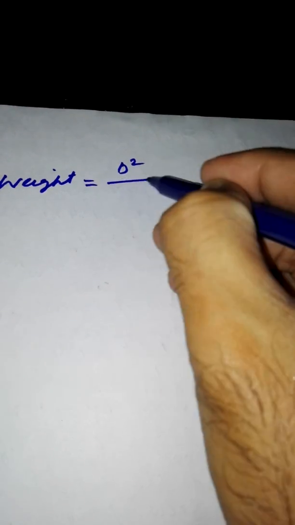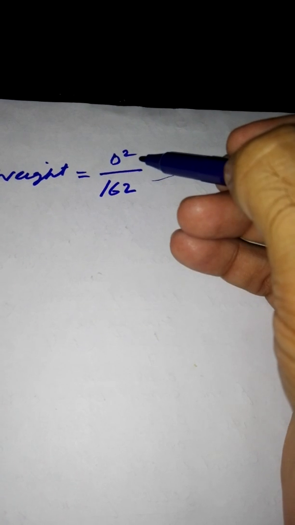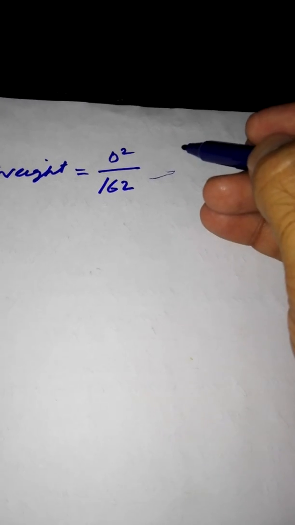Let's start. Okay, so first of all I have to find out unit weight of steel in kg per meter, right? Weight is equal to d square divided by 162. Many students know about this formula.